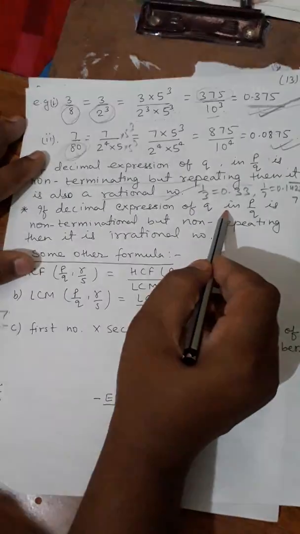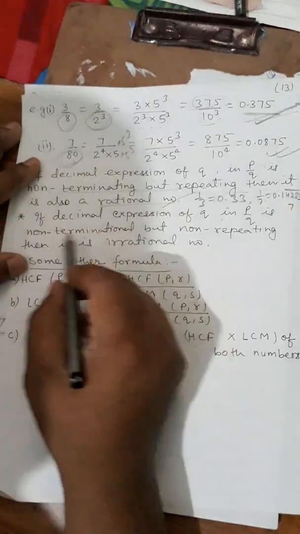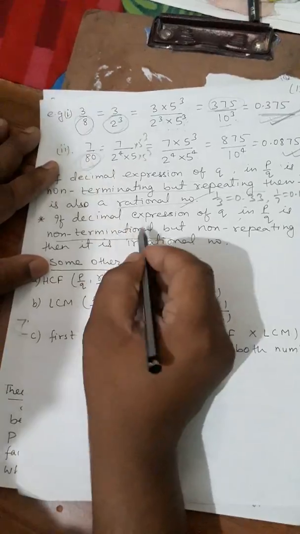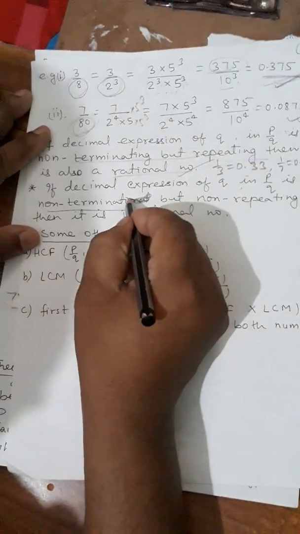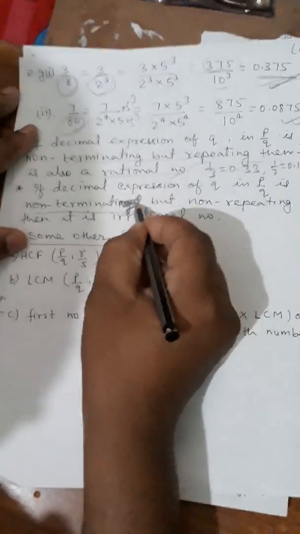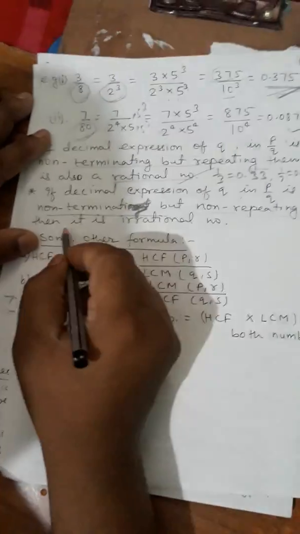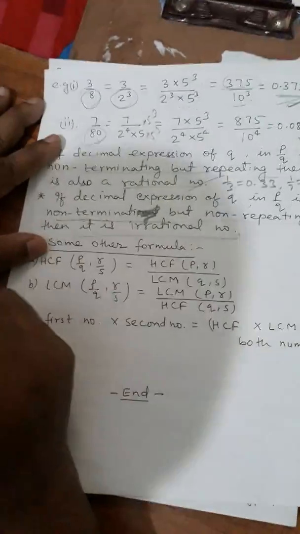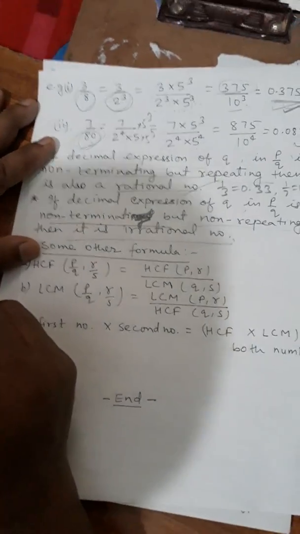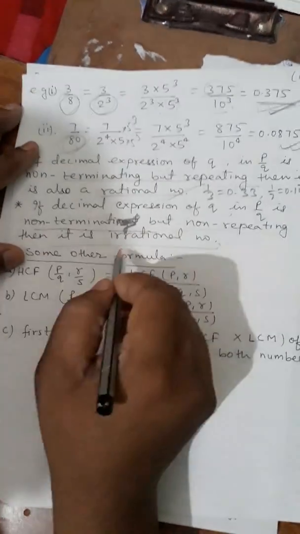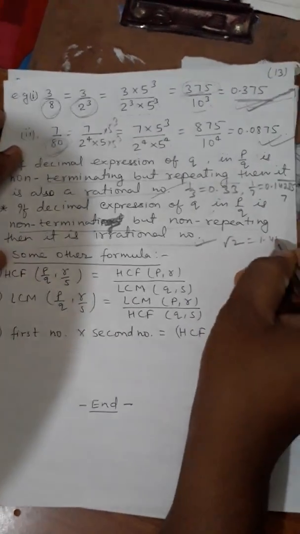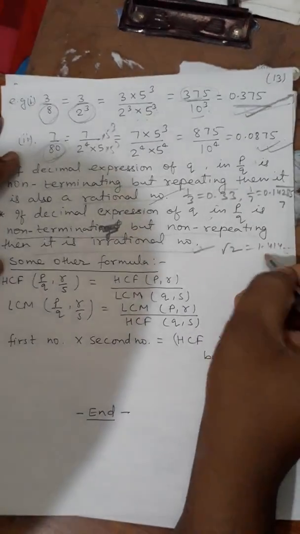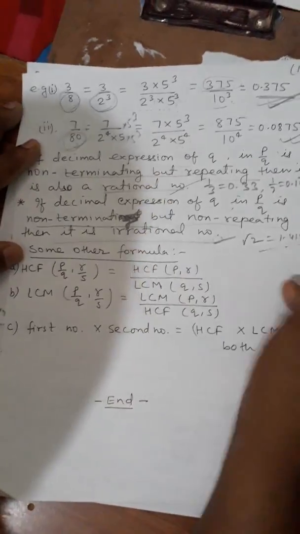If the decimal form is non-terminating and non-repeating, it is called irrational. Just like root 2, 1.414, which does not end and does not repeat, so it is irrational.